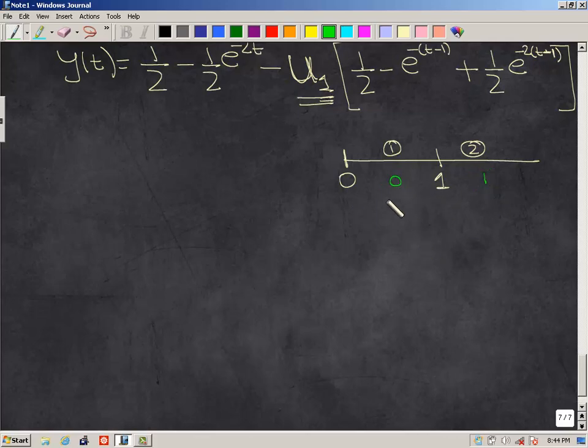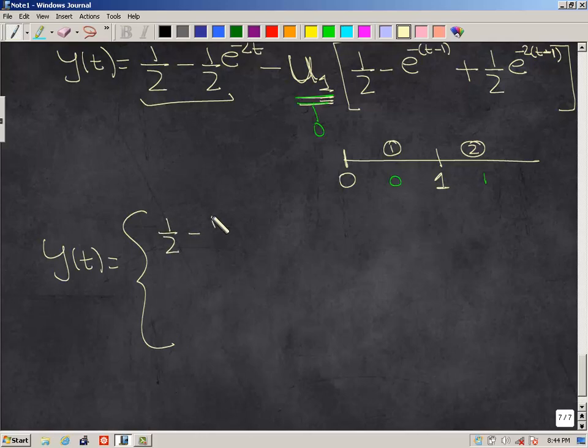So if it's 0 before that, so from 0 to 1, if you're in the interval 0 to 1, this function is going to be 0. If it's 0, this whole right-hand side is gone. So all you're left with is this. So you get y of t equals 1/2 minus 1/2 e to the negative 2t if 0 is less than t is less than 1.